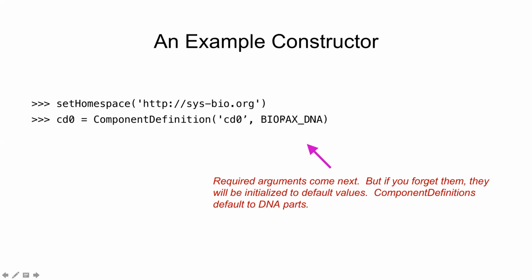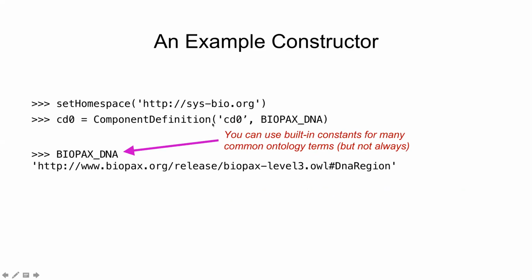If you left this off, it would just instantiate a DNA component. So the BioPax DNA constant is just a shortcut for the full URI. You could also pass this as a string to the constructor. And sometimes you may use your own custom URIs based on your own internal ontologies, and that's valid.